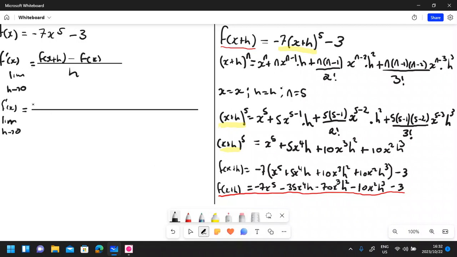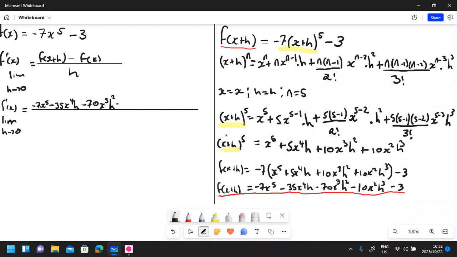So what is it? We have negative 7 x to the power of 5, and then minus -35 x to the power of 4 multiplied by h, and then we're going to have -70 x to the power of 3 and h to the power of 2, and then we have another negative.